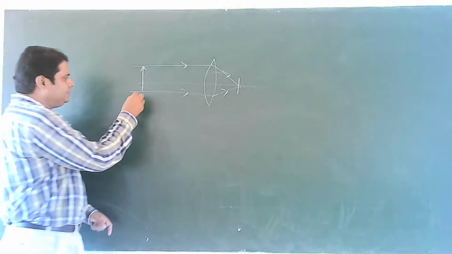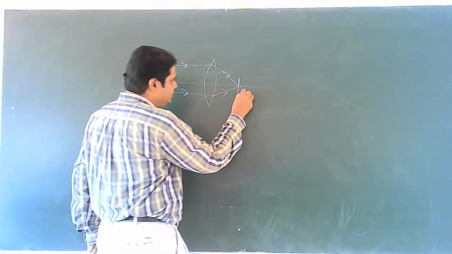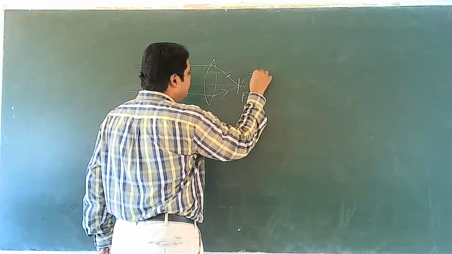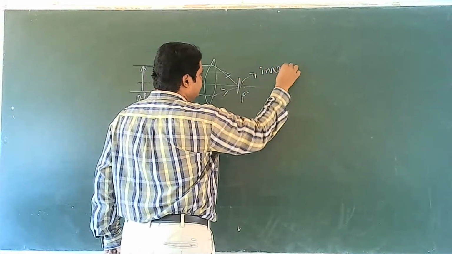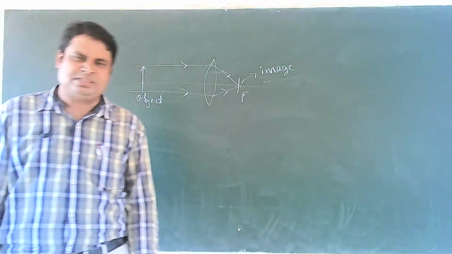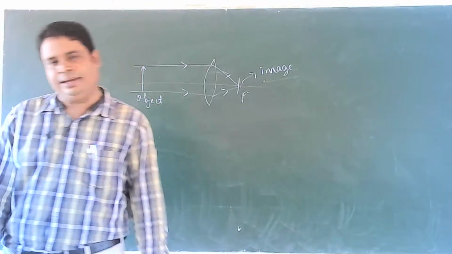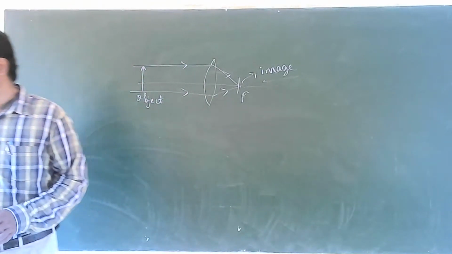This is easier. This is the object, this is the image. Here this is F. Here we have the image. What is the nature of the image? We have discussed: diminished, point size, real, inverted. Fine.